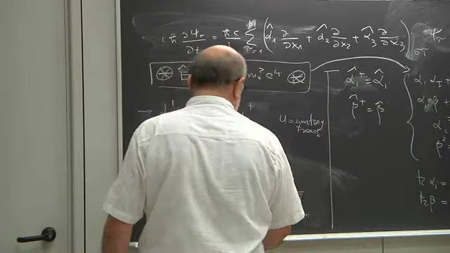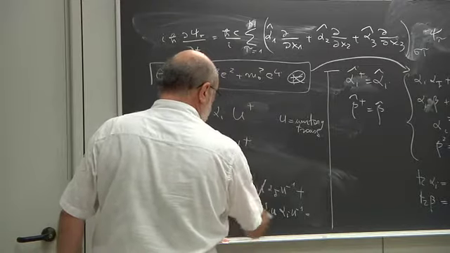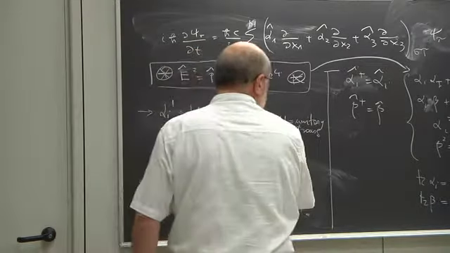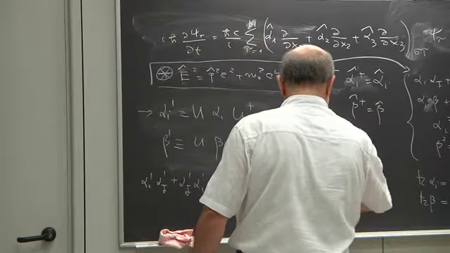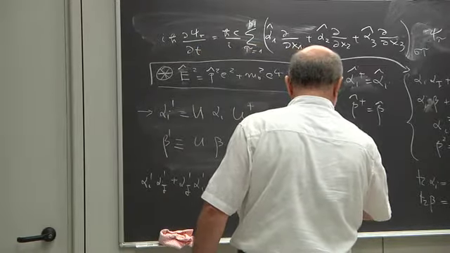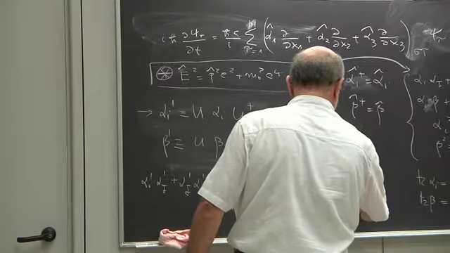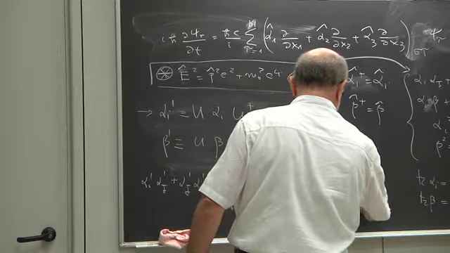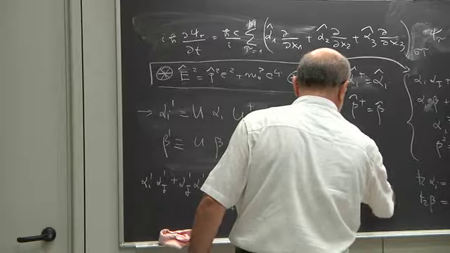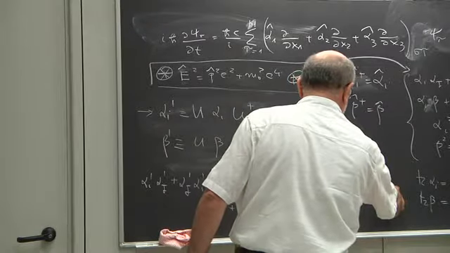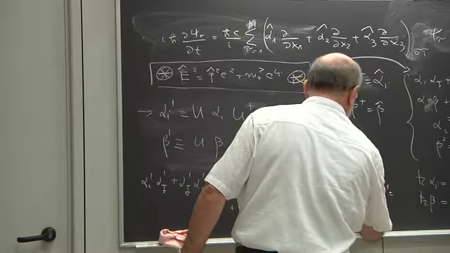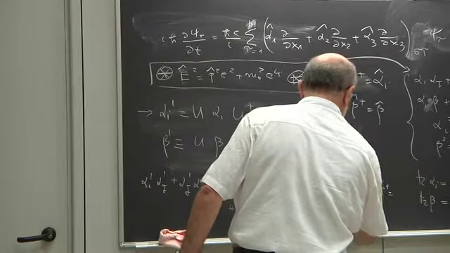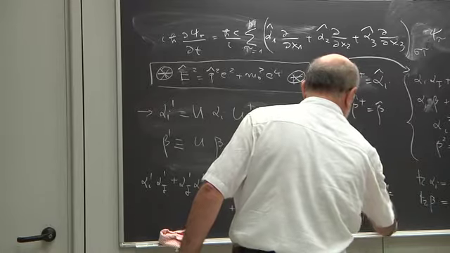Let's see what this is equal to. First of all, these two cancel, these two cancel, so all this is equal to U times alpha_i alpha_j plus alpha_j alpha_i times U^-1. But we know from the previous relation that this is 2 delta_ij.